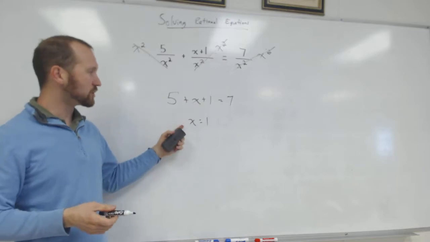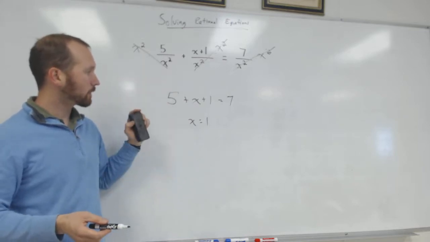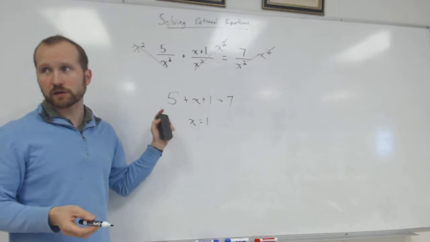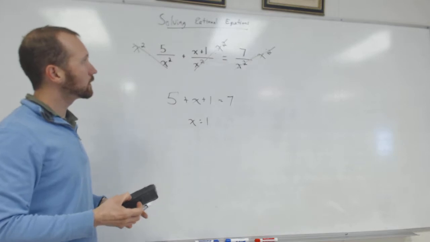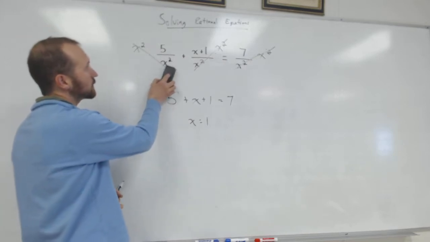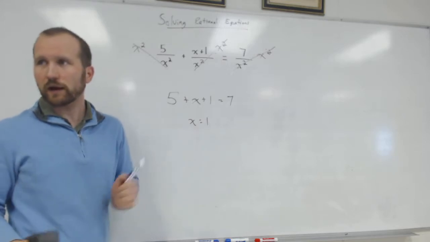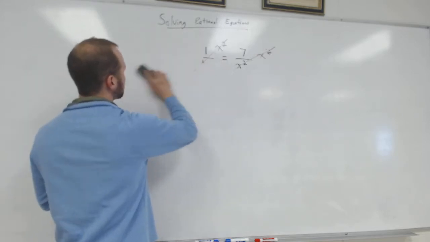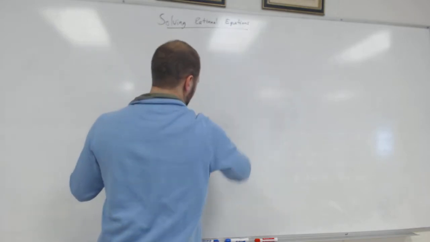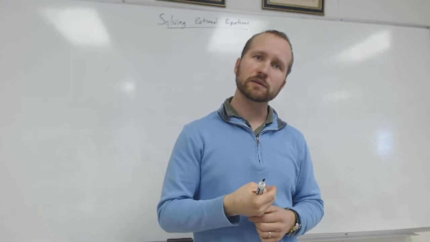So we do have to check to make sure that it's not, and if it is, then we don't count that as an answer. But in this case, the only excluded value is 0, and we're not saying that x is 0. So we're okay. X equals 1 is our final answer.